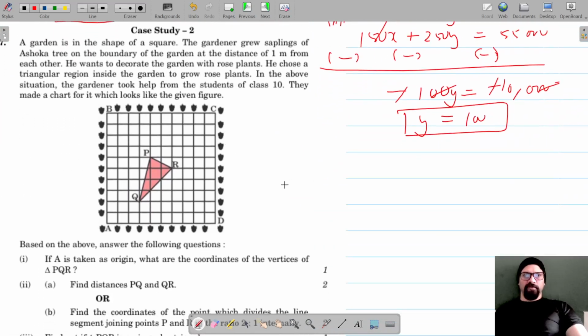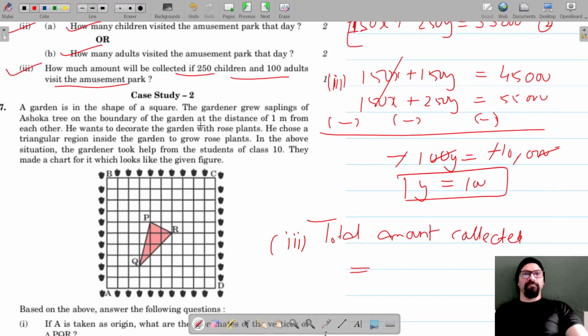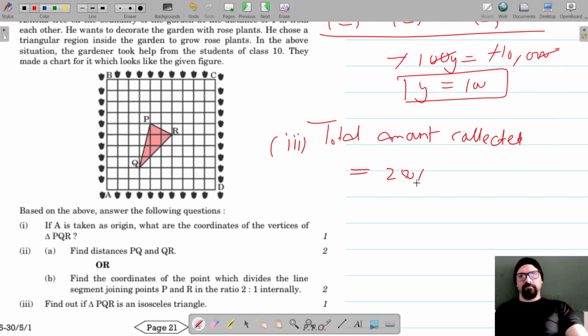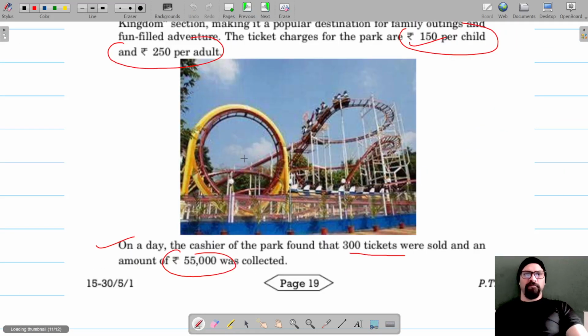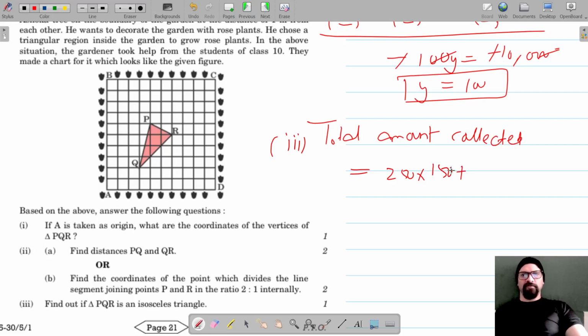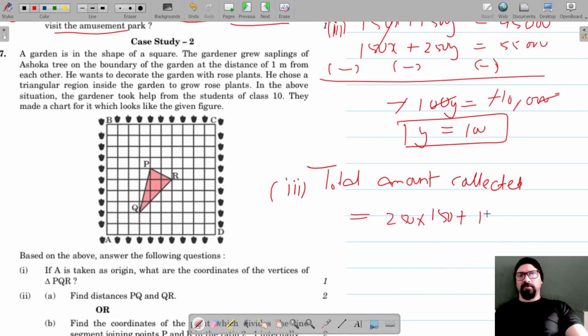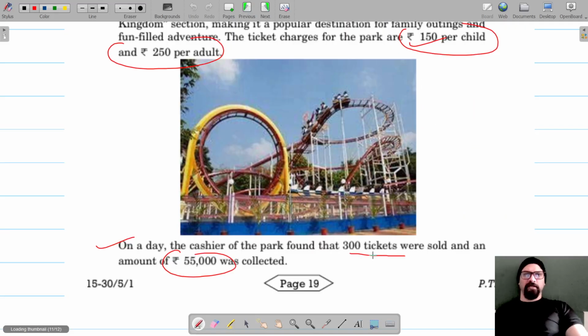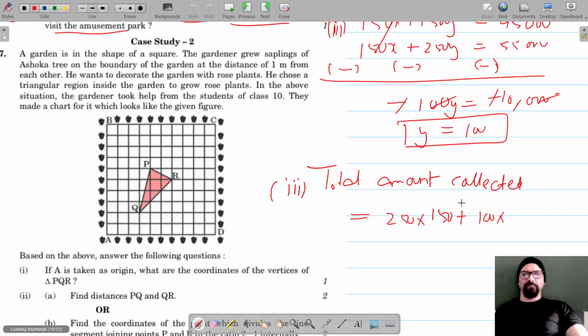Now, the total amount collected is equal to 250 children, and per child it's an amount of 150, and 100 adults, and per adult it's an amount of 250.